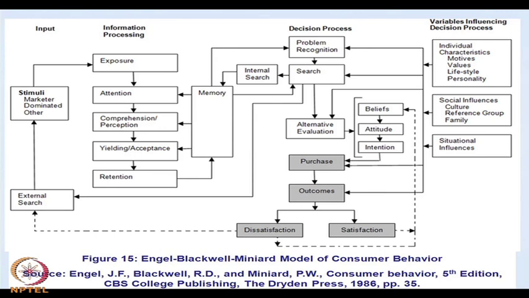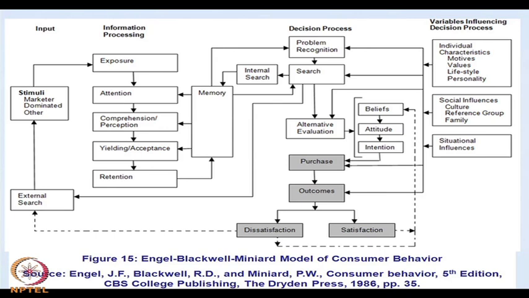So the stimuli in the form of information cues feed into the information processing, where we start with exposure. The consumer or the person is exposed to such stimuli. He gives attention to the stimuli or the information cues. This attention leads to some kind of understanding, comprehension and perception in the consumer's mind.